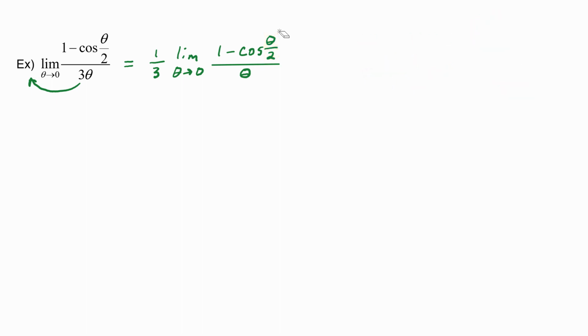So what we have to do is get this denominator to match the argument of the trig function. And in order to do that, we will multiply by 1 in the form of 1/2 over itself.